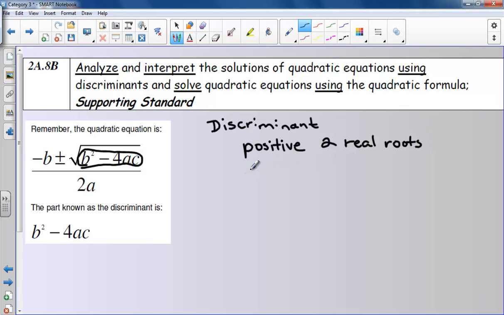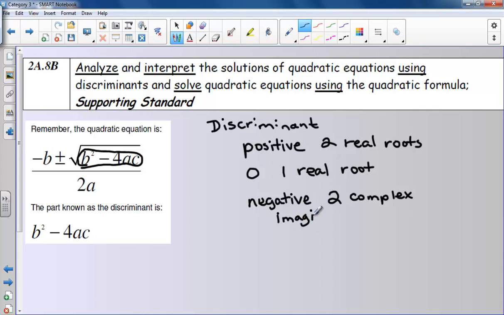If it turns out to be 0, I have one real root, and so that's a double root. We'll write it down twice. And if it turns out to be negative, then that means that I have a negative number under a root, which means I have two complex imaginary solutions, or roots. Okay, so this is what you need to know.